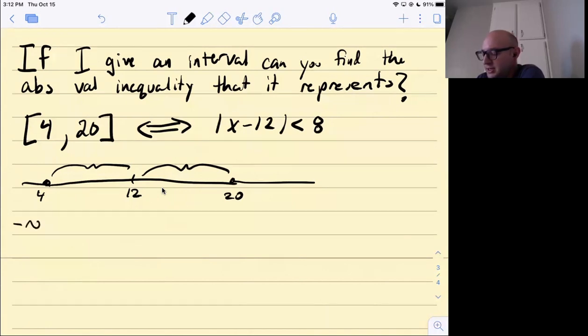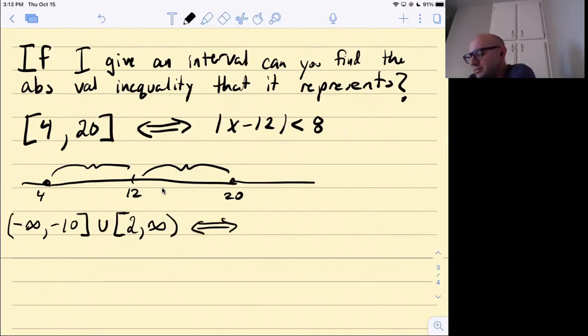That's it. If it was one of the intervals that we did earlier, let's say, try this one, negative infinity to negative 10, union 2 comma infinity. So this is a good one to try out. What would this absolute value inequality be? Oh, I'm sorry, I forgot here.